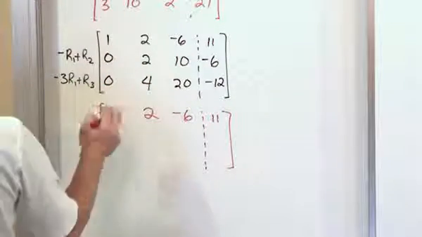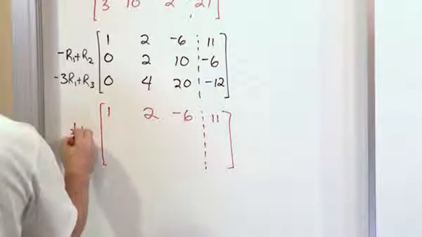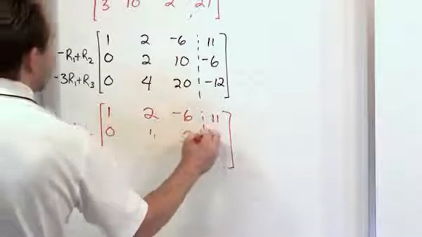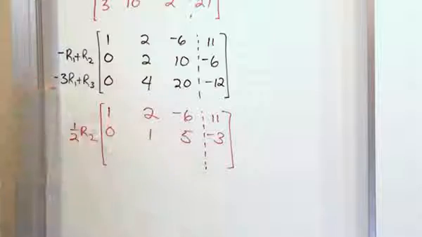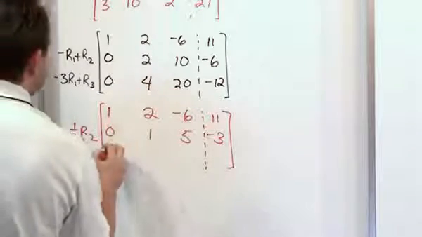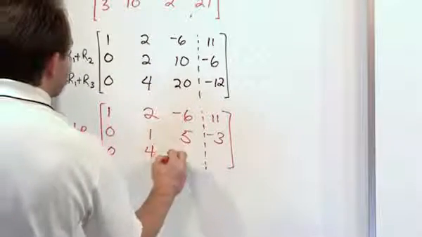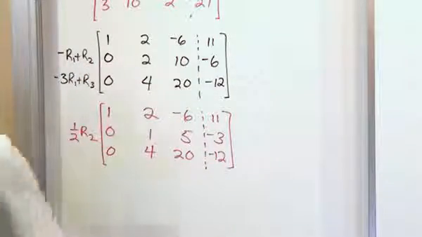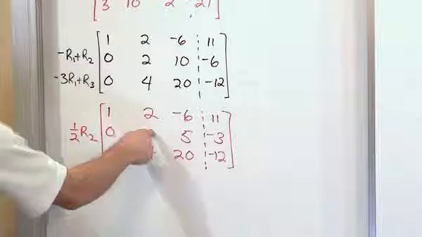Now to make this a 1 here, I'll just multiply by 1/2 times row 2, which will give me 0, 1, 5, and negative 3. I just multiply by 1/2 across. And let's just, for the time being, keep the bottom row exactly as it is: 0, 4, 20, negative 12.